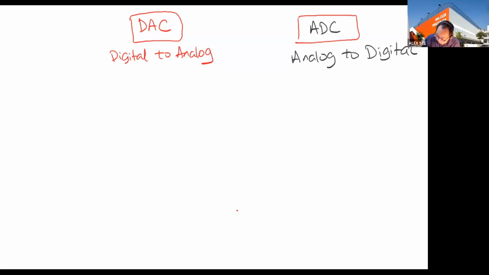Can you see my whiteboard? Okay, thank you. So there are two conversions that can take place, but one is just the other way around from the other. The concept, the principle, is actually the same.